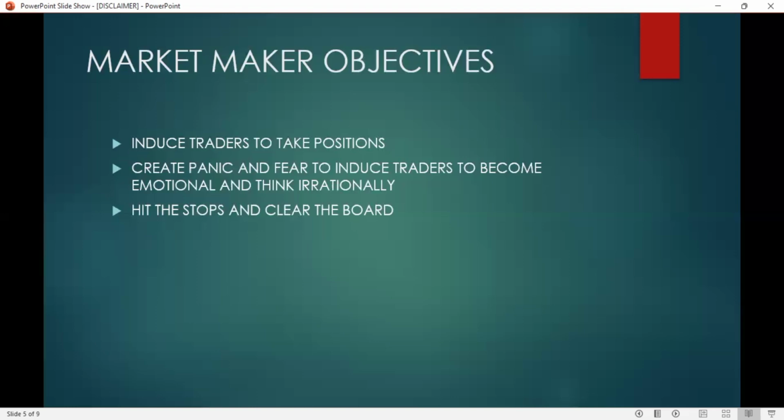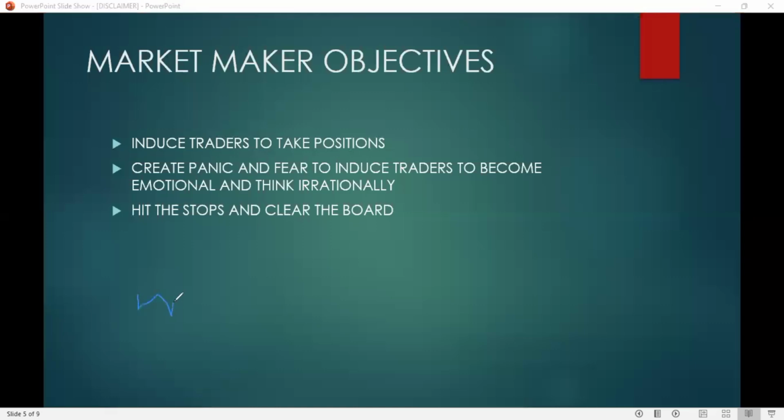Okay, now the person can actually have predicted the direction correctly, but you know what the market maker will do? They'll try to move the market in such a way that, let's say the person entered a buy somewhere here.